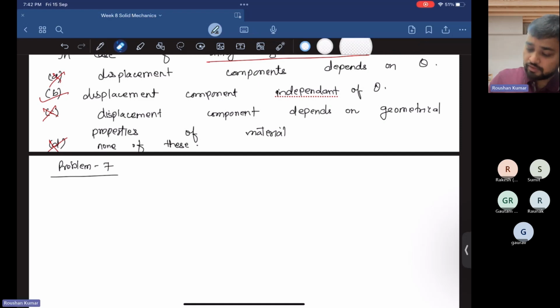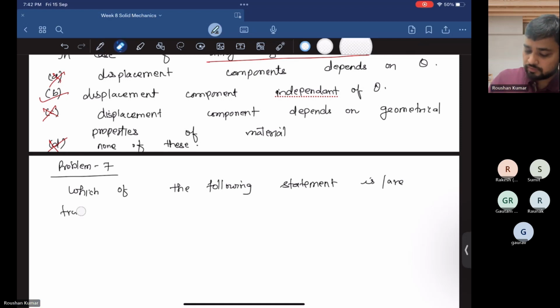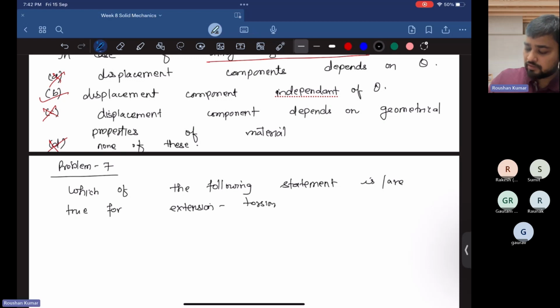Which of the following statements is true for extension, torsion, inflation of hollow cylinder?